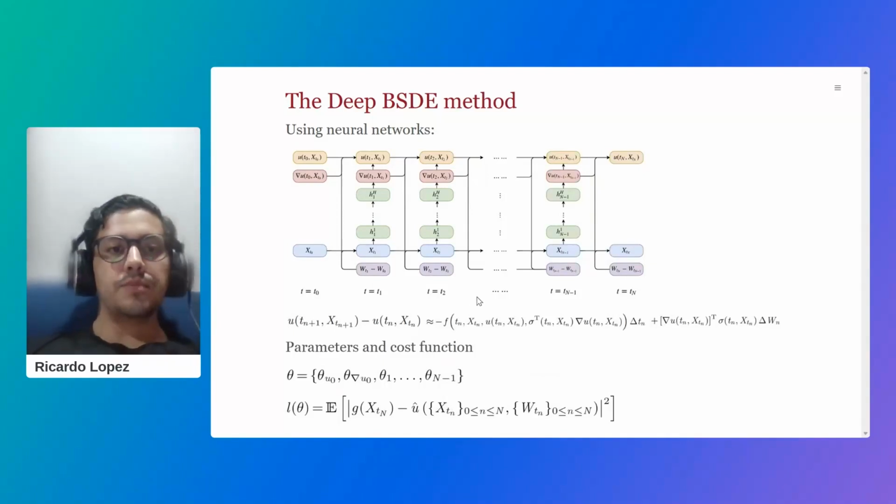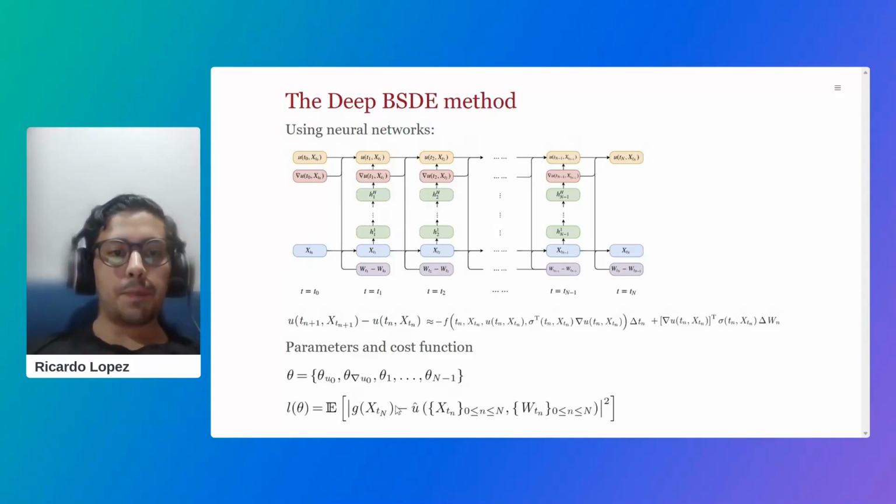And then we will have at the end the value of u evaluated at the final time, at the final position. So in the end, we will have these two parameters that we defined that correspond to the initial solution and the initial gradient, and each of the parameters corresponding to each of the sub neural networks.